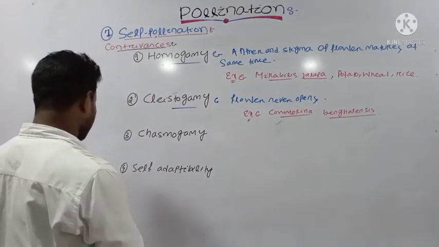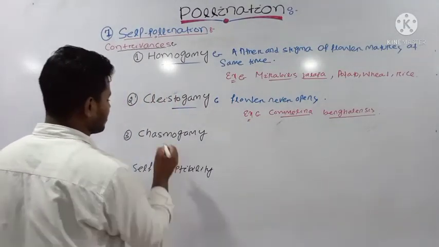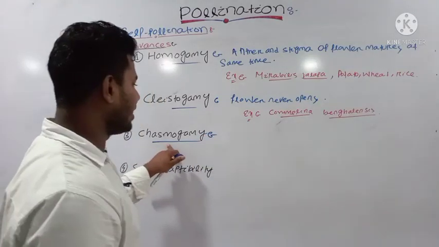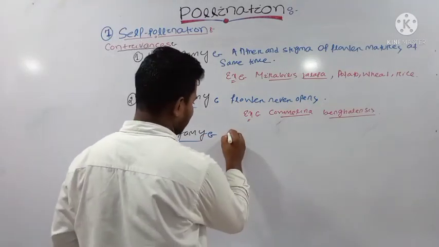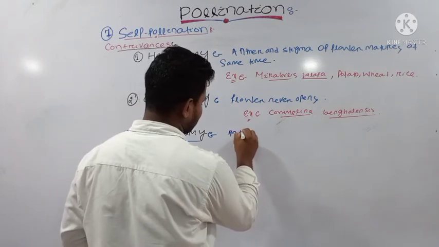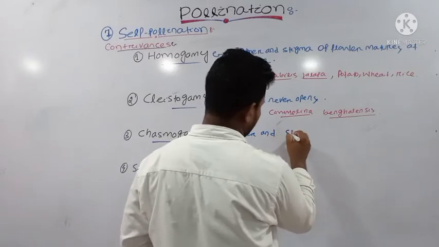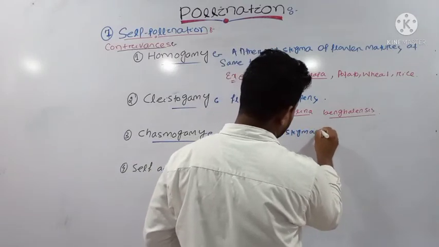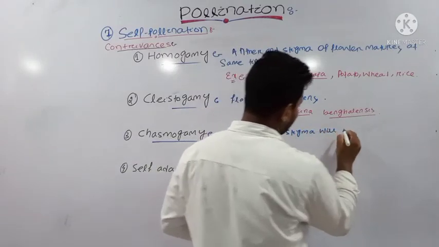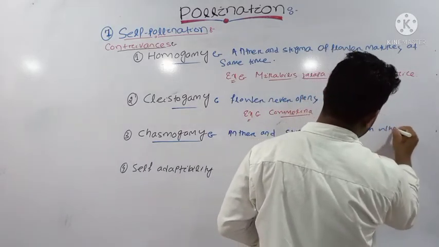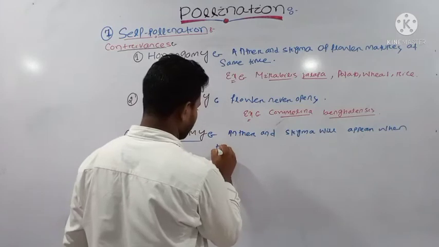And next type of contrivance is known as your chasmogamy. In the chasmogamy flower, the flower structure, that is the anther and stigma, will appear when the flower matures.